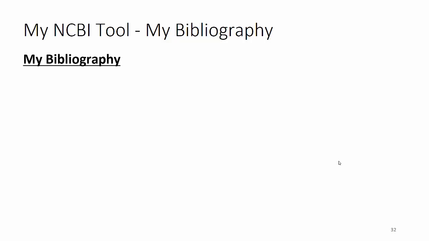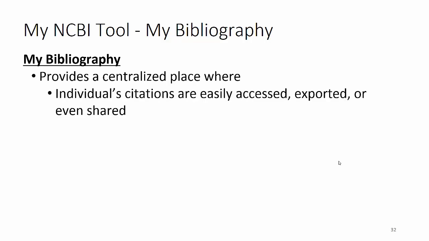So how do we combine the two of these? If we go from the NCBI tool to MyBibliography, that's a centralized place where individual citations can be accessed, exported, even shared. It is the place to put things that have grant funding if you've got a PI who does that.